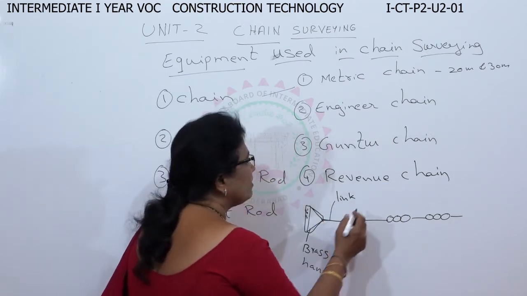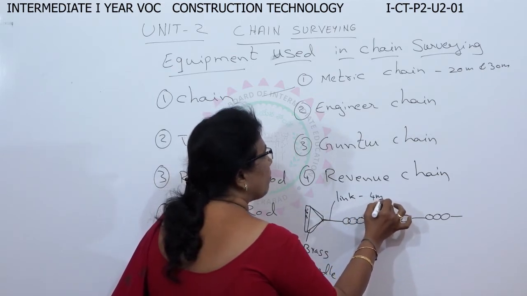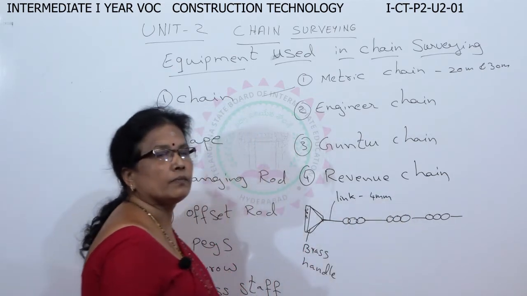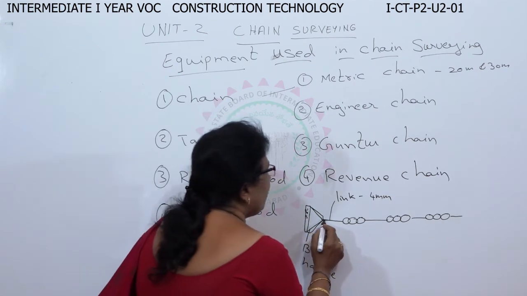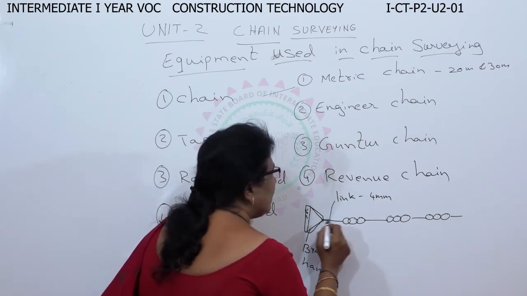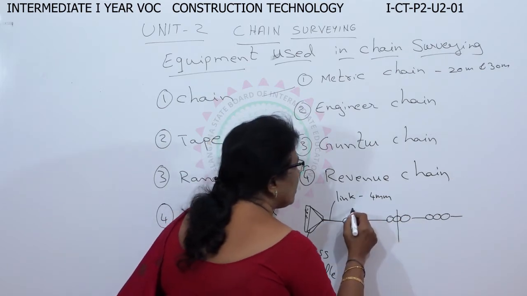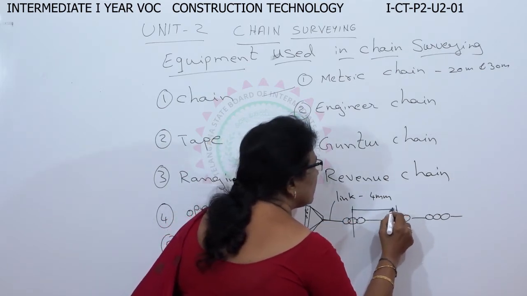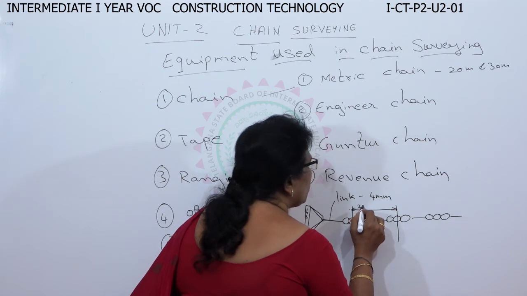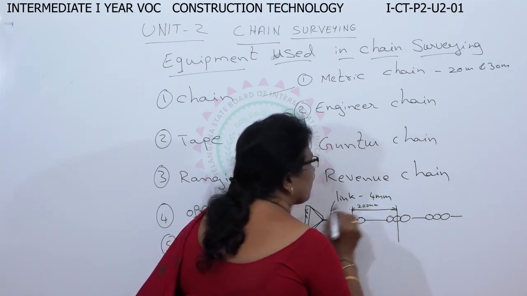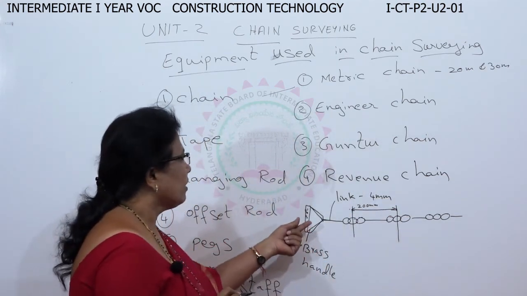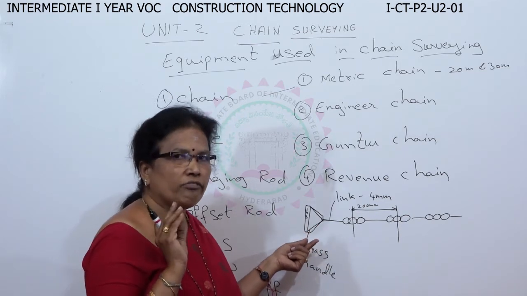The diameter of this link is 4 mm. From here to here, from center to center of the link, the length of the link is 200 mm. Clear?